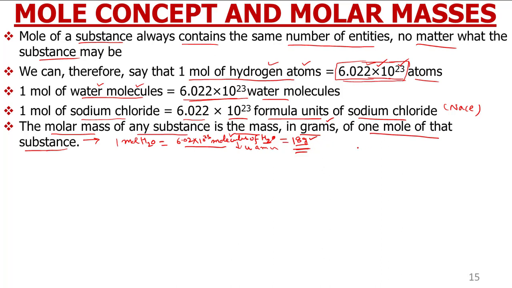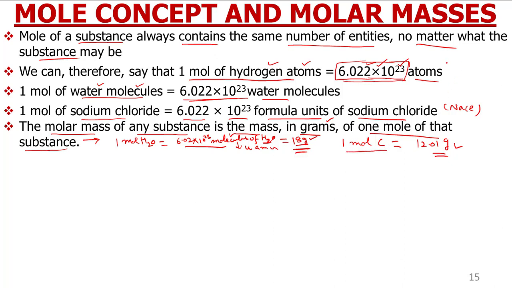Similarly, we can say 1 mole of carbon will have a molar mass of 12.01 grams. So the unit of molar mass is gram. That is the weight of 1 mole of carbon atoms.